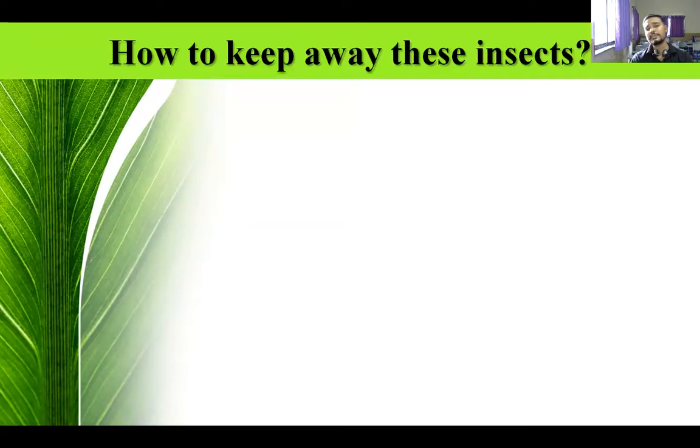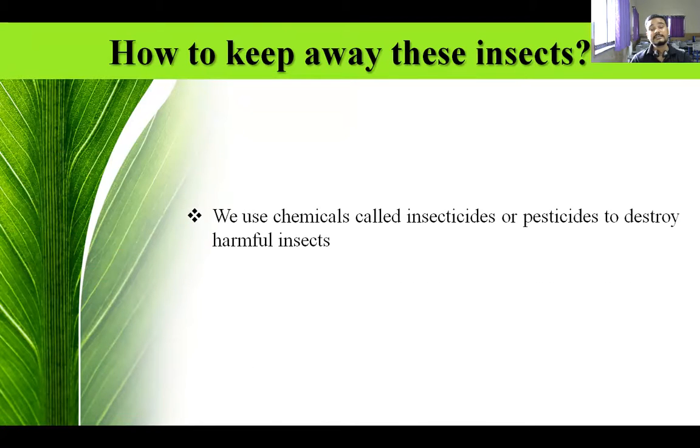Now, how do we keep these insects away, or how should we keep ourselves away from them? So we can use some chemicals, called insecticides or pesticides, to destroy these kinds of insects.